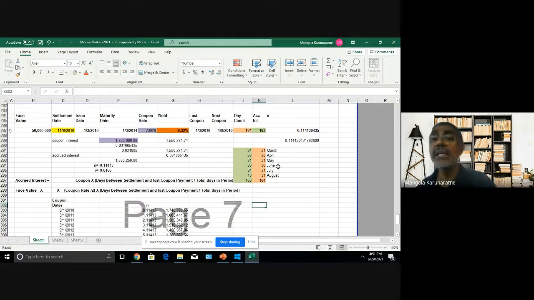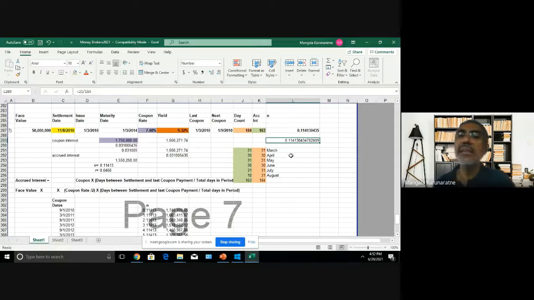So here what I did was, I have already calculated it, so I am again calculating it: 21 divided by 184, right? If 1 is 184, then 21 is what fraction of the period that you have to take into consideration in this calculation?